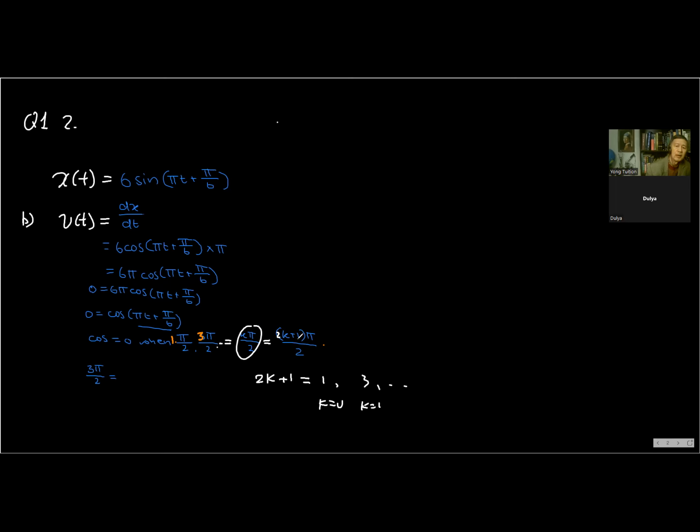All right. Now, which k should we use to answer question B? They're looking for the first time, right? Can you read the original question? Yeah, they're looking for the first time, so it would be pi over 2. So which number should we use for k? 0.